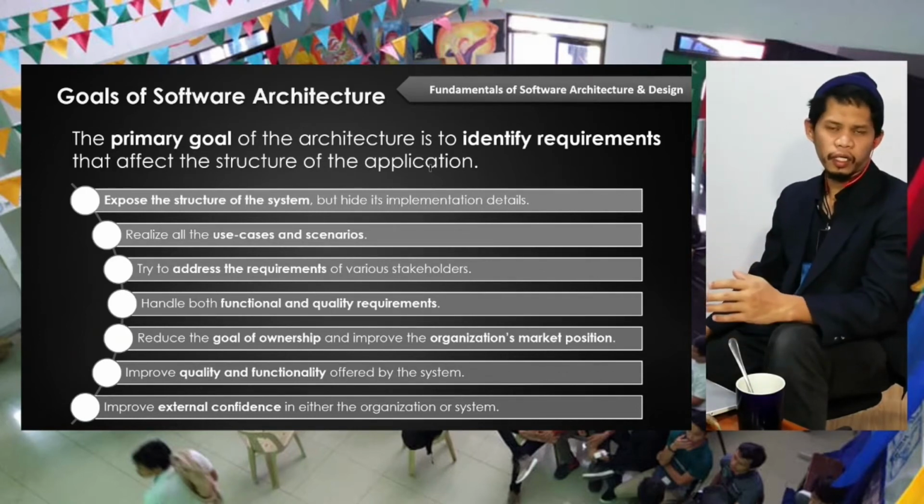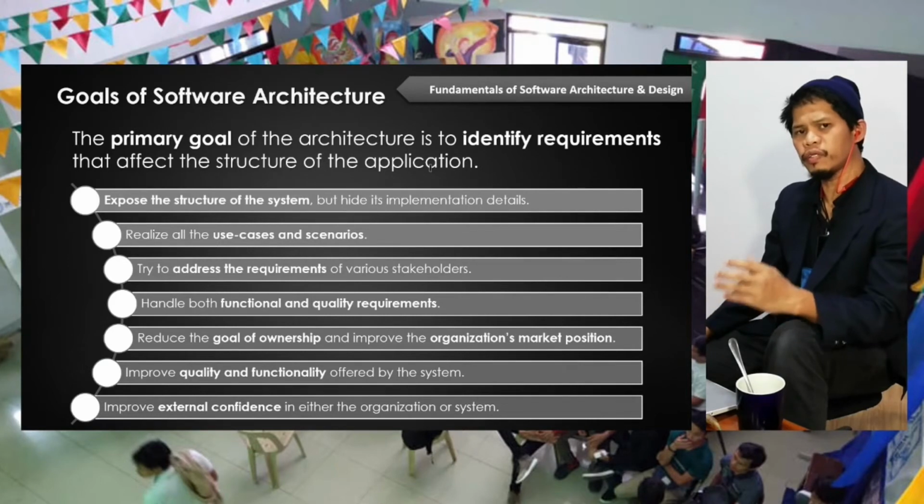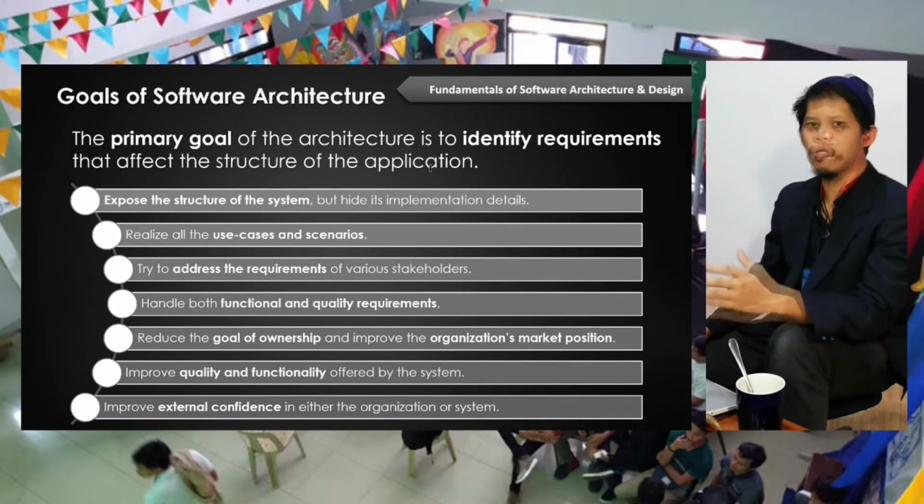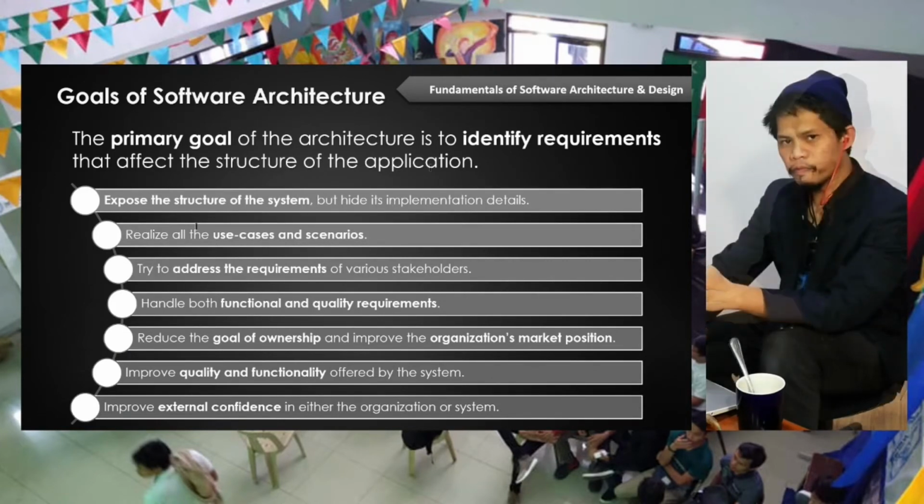In software architecture, there's no such thing as a universal structure or pattern that applies to all business problems. Some of the goals of software architecture are as follows.